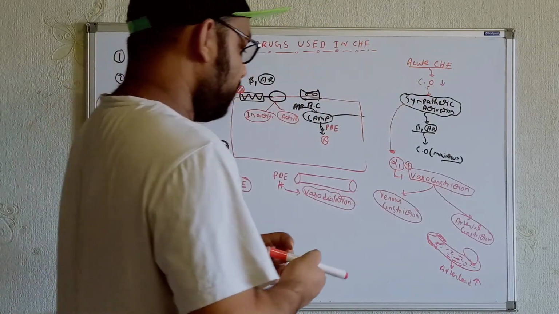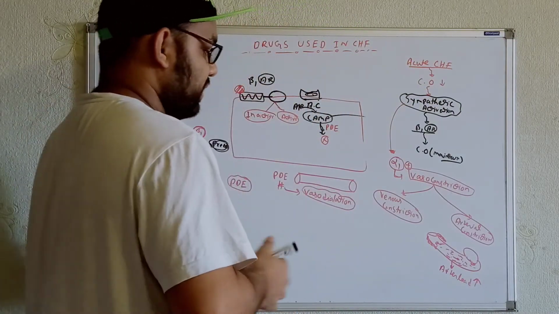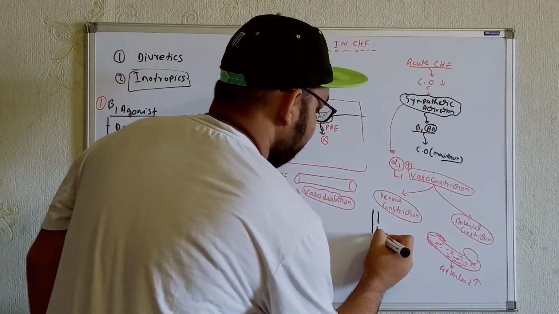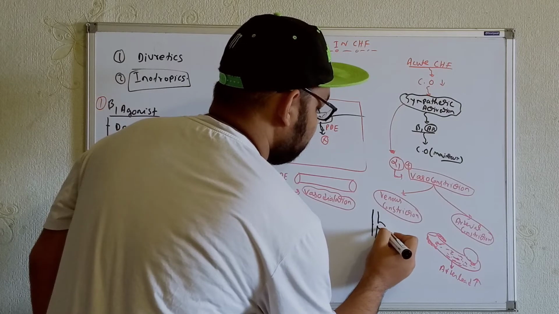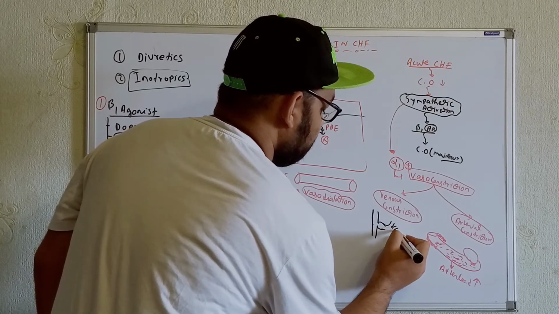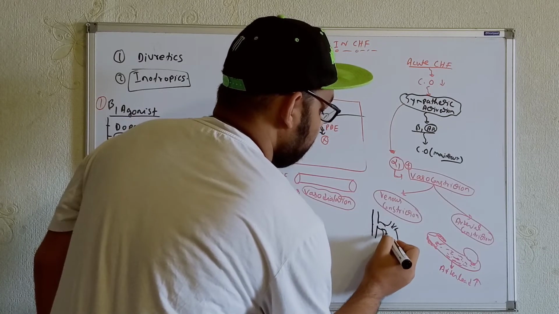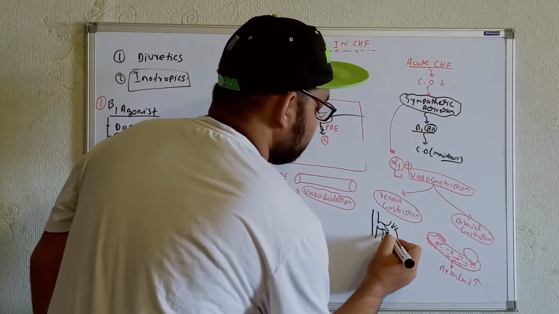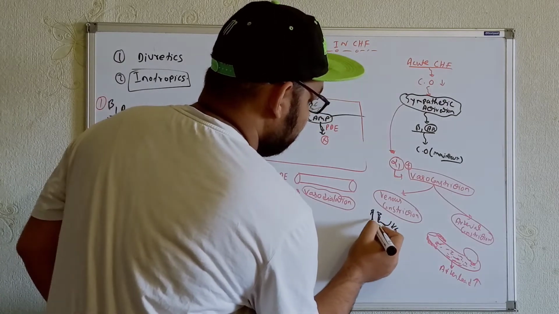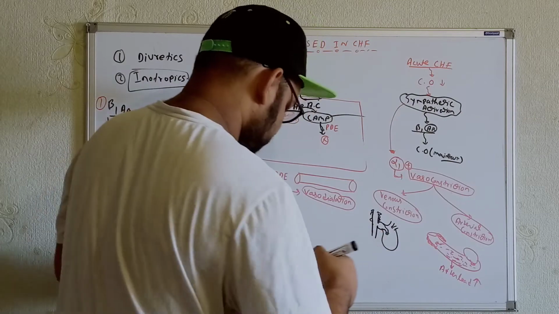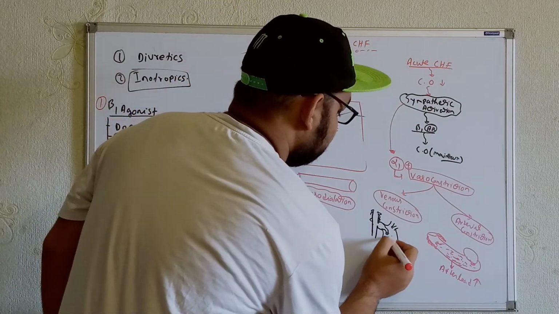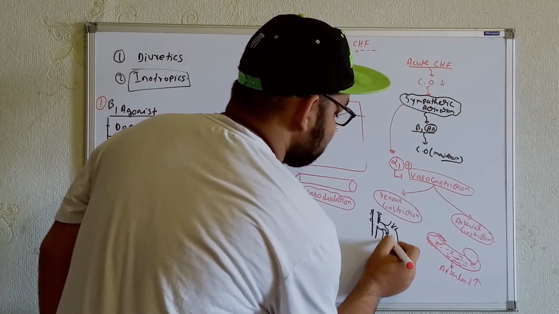And what about the preload? Preload means before contraction. Let me show over here. If we see venous constriction in these regions, then more blood will come into the ventricles.